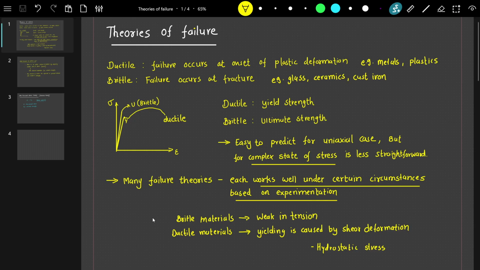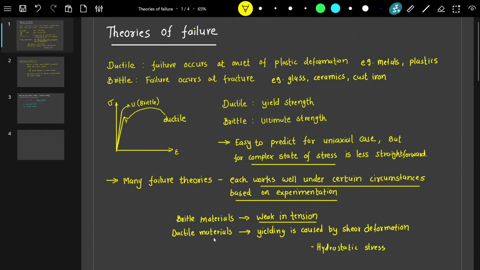For example, for brittle material, it is observed that brittle materials are weak in tension. So when the theories of failure are developed for brittle material, we have to take this fact into account.